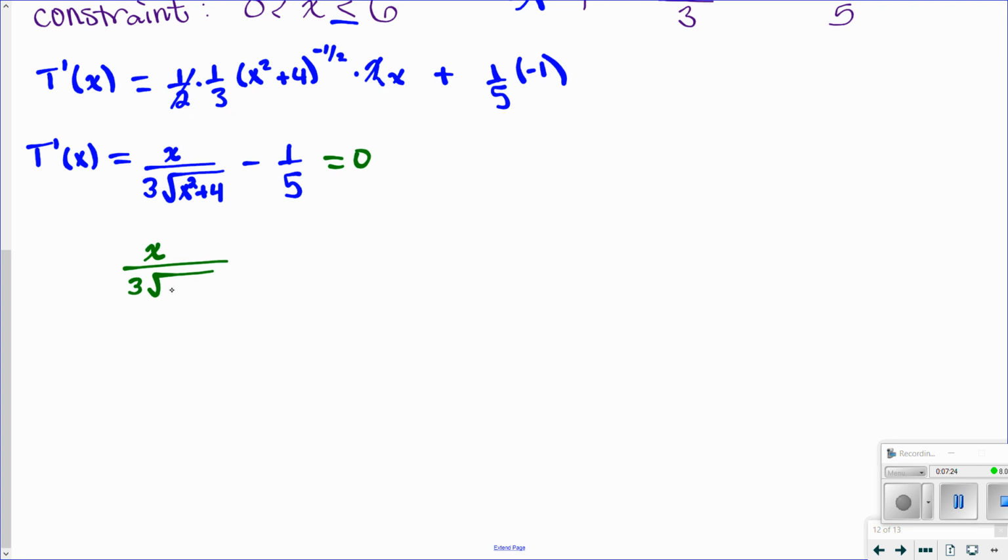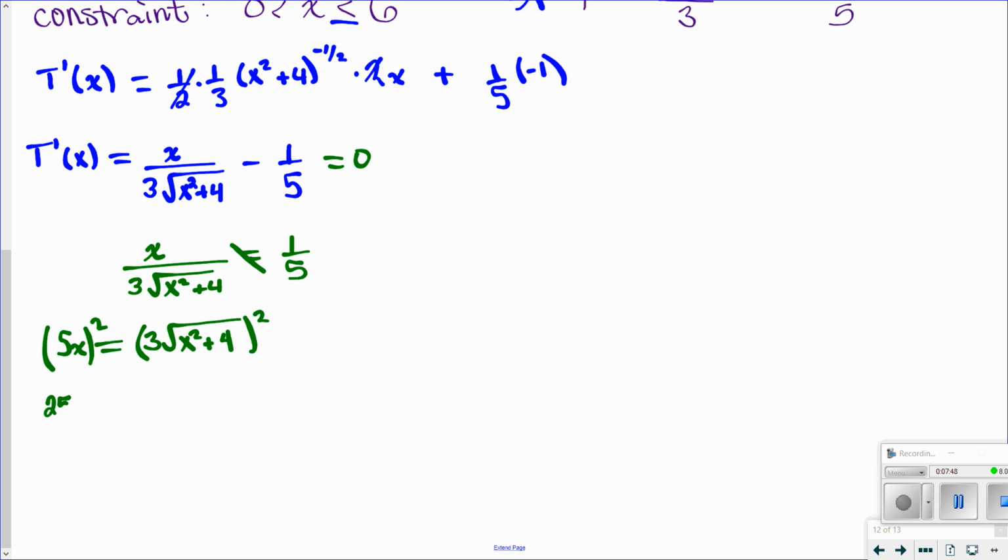So x over 3 times the square root of x squared plus 4 equals 1/5. And I'm just going to solve this like it were a proportion. 5x equals 3 times the square root of x squared plus 4. And I'm going to go ahead and square both sides of this to get rid of that square root.